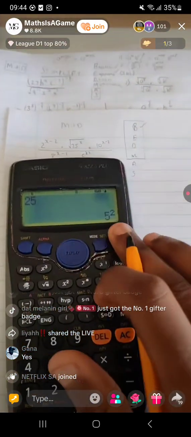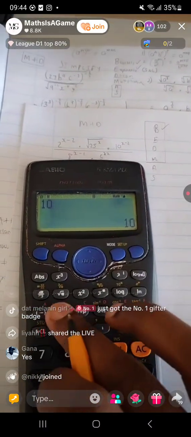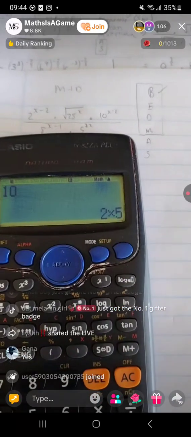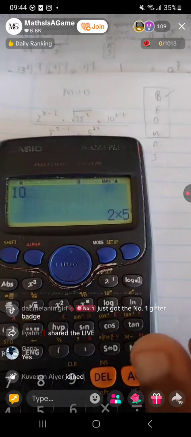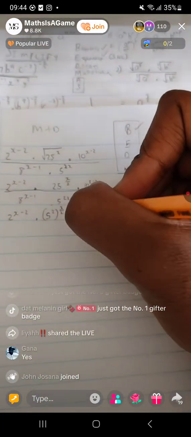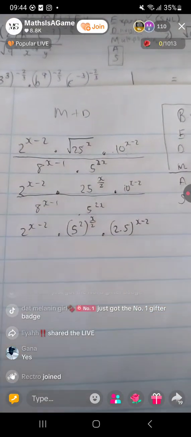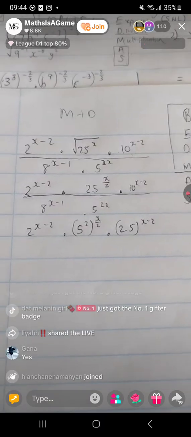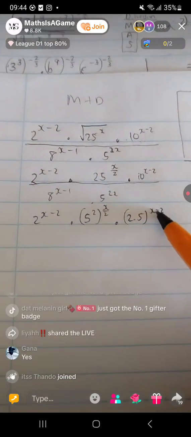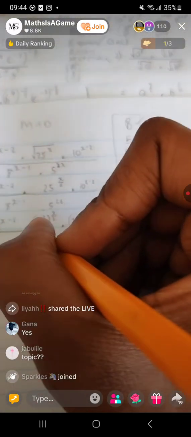Let's go to our calculator. 10 is written as 2 times 5 using shift fact. We can express 10 as such. And whatever we convert, guys, we make sure we place it in brackets. Why are we doing that? So that the law that follows can be applied, where we distribute the exponents to each respective base.